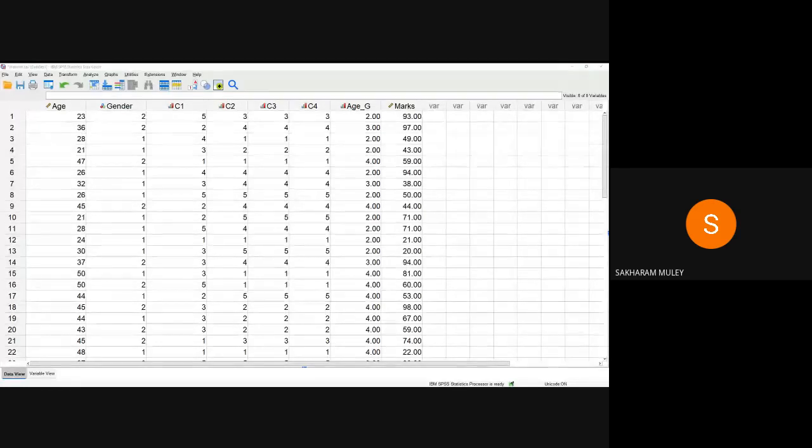So when I'm comparing male and female, it means that I have to compare two groups.